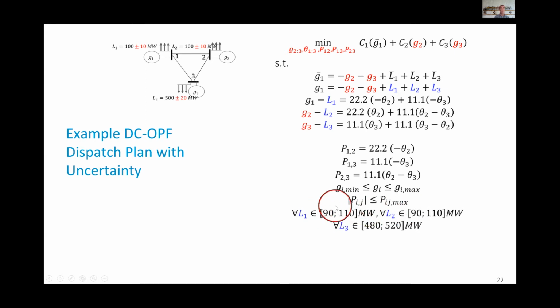So one possible way to go further is to find a distribution here. We need to assume a way to compute the average value. Here we could assume, for example, L1 is uniform between those two values. Perhaps not the most reasonable thing, but that's one way that can be defended.